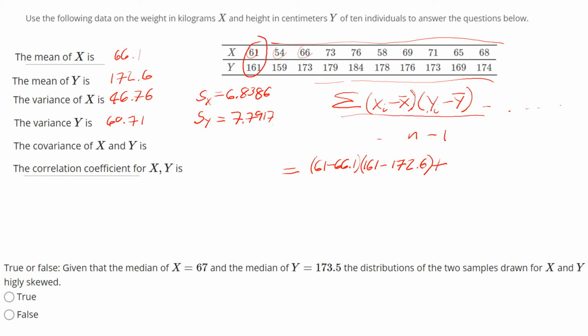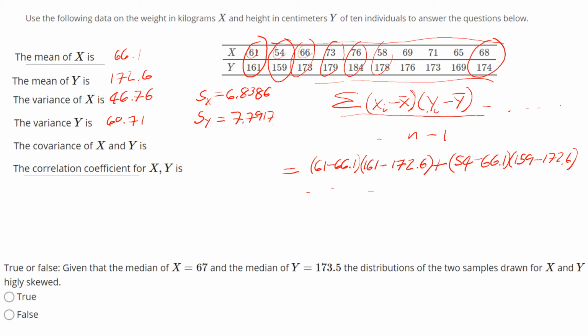Now we do the next pair of values, plus 54 minus the mean of x again, 66.1. Multiply that by 159 minus 172.6, and so on and so on and so on. Do that for every pair of x and y in this table until we get to the very last one.